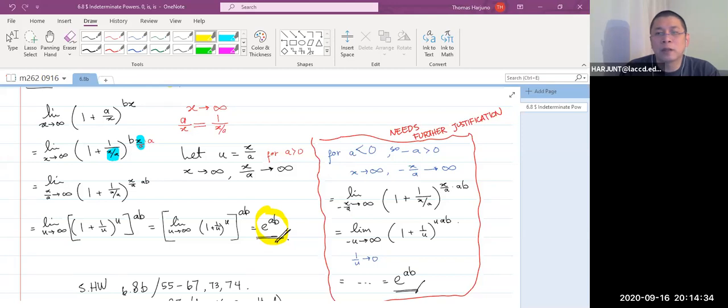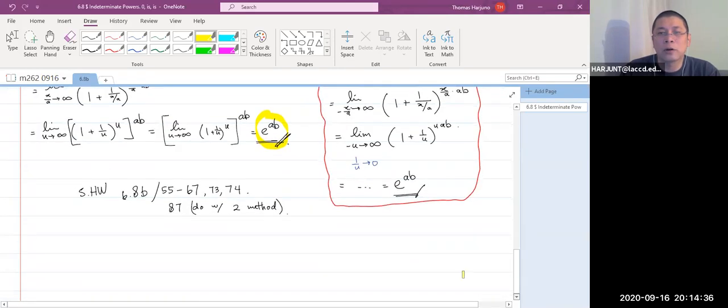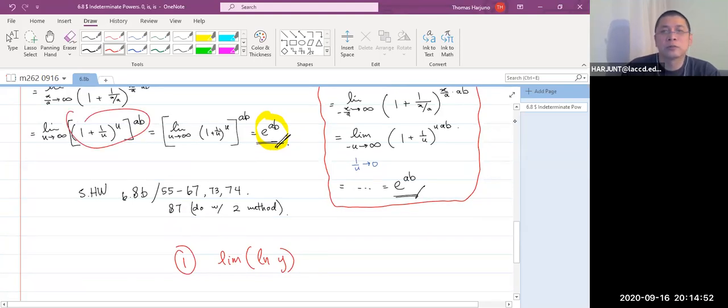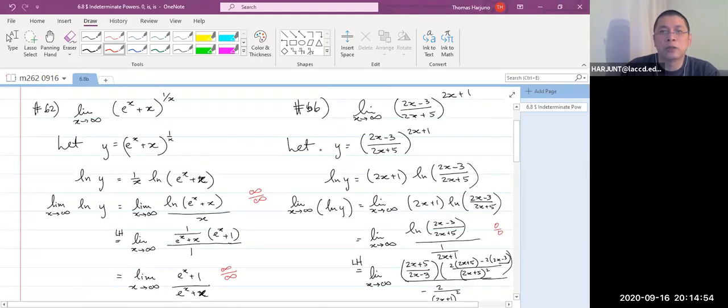The first method is the limit log, the one I taught you so far. The first method is use the limit of log of y. So you let y equal to that expression, this thing here, the way you did this.